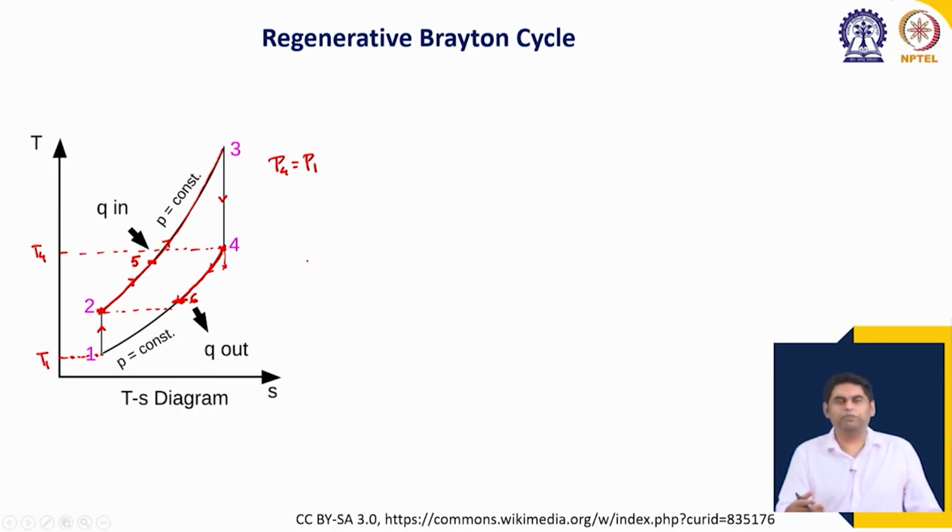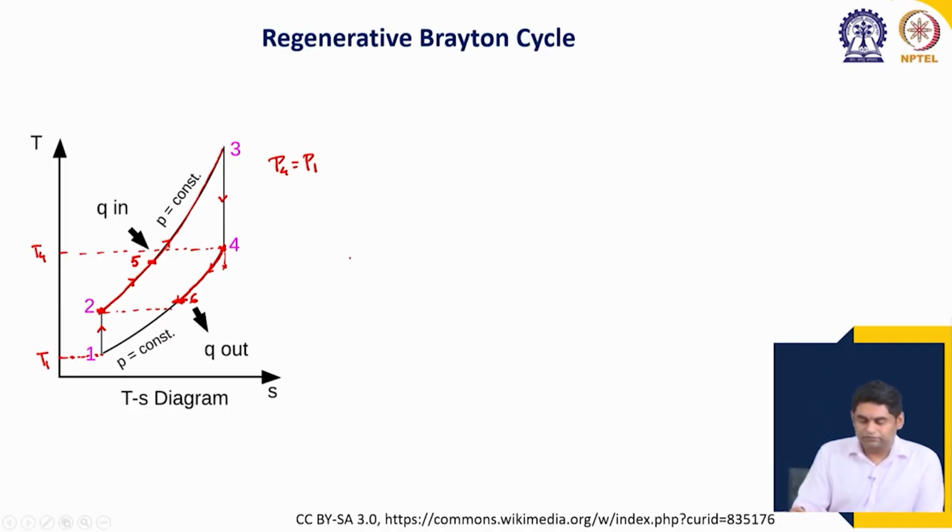This heat exchange process is known as regeneration, heat exchange within the cycle itself, and this cycle is called the regenerative Brayton cycle or Brayton cycle with regeneration, and a gas turbine operating on this cycle will be called a regenerative gas turbine or gas turbine with regeneration.